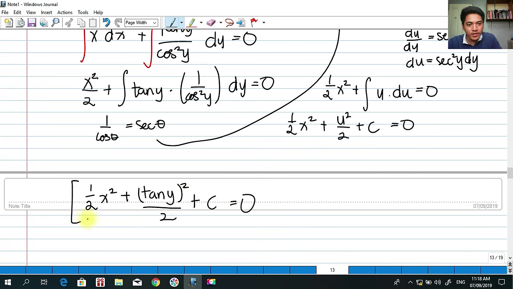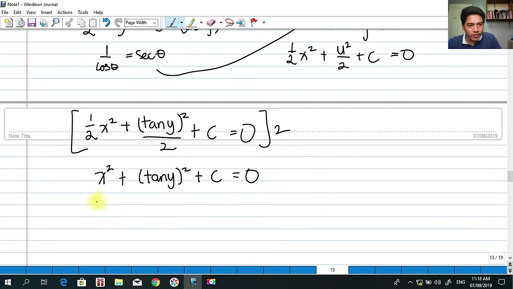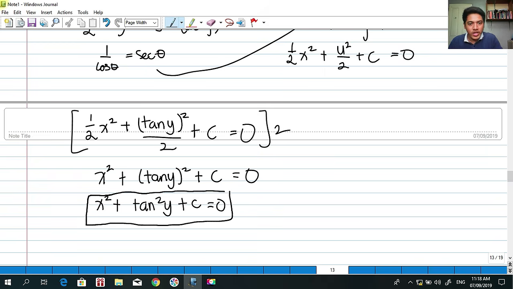We can multiply this equation by 2, and we can cancel out 1 half, so that we have x squared plus tangent of y squared plus 2 times c, which is still c, equals 0. If we distribute this, we have x squared plus tangent squared y plus c equals 0. So this should be our general solution for this problem.